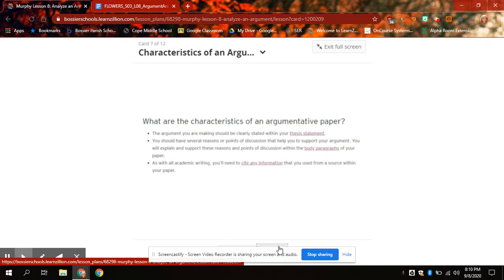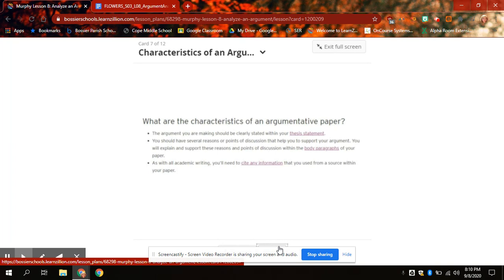The characteristics of an argumentative paper, you have to have a thesis statement. And your thesis statement has to be something that can be argued, something that somebody else, a rational person, could have the opposing opinion on. So, like in our article, What's in an Ink Blot? Some Say Not Much, we have very well respected scientists on both sides of the issue.